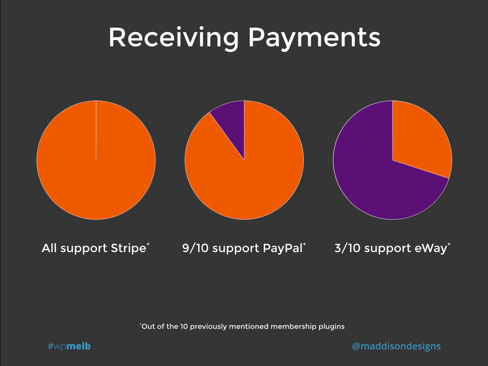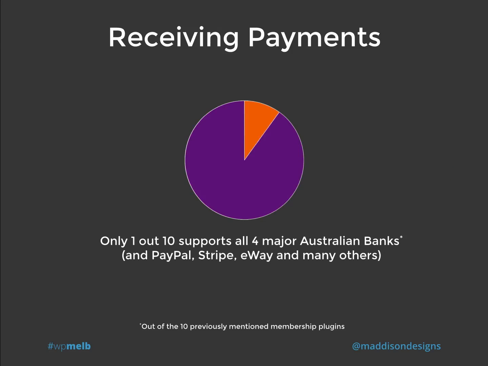And yeah, it's hard to find a membership plugin that will actually support that. Out of those 10, there's only 1 that supports all 4 major Australian banks, plus PayPal, plus Stripe, and eWay, as I mentioned.